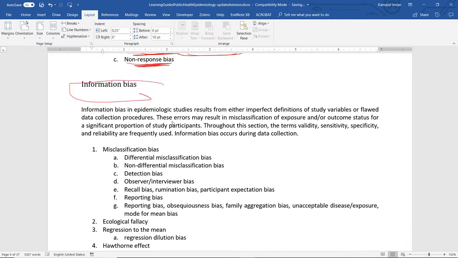Information bias results from either imperfect definitions of study variables or flawed data collection procedures. So wrongly defined variables and wrongly collected data lead to information bias.